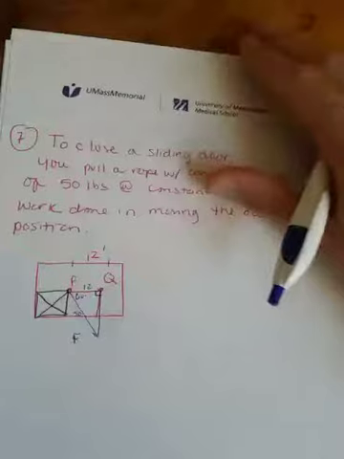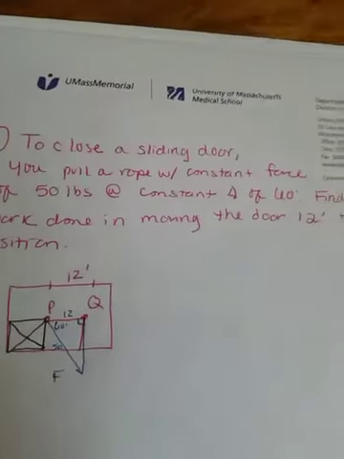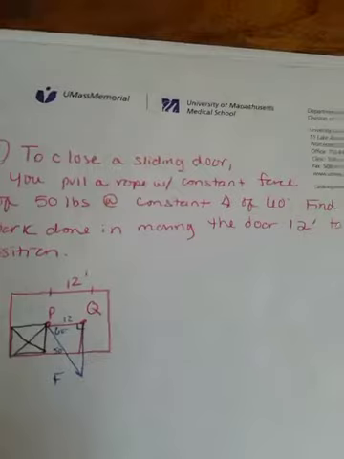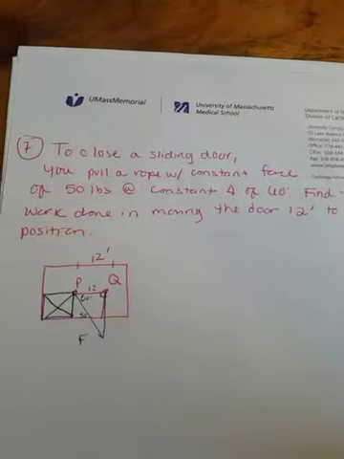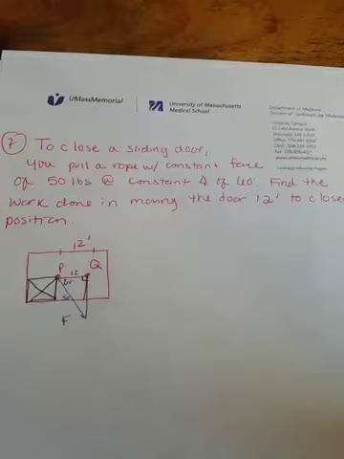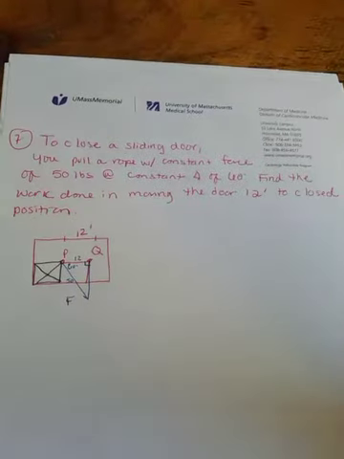All right, last one about a sliding door. To close a sliding door, kind of similar to something maybe on a barn or a garage, you pull a rope with a constant force of 50 pounds at a constant angle of 60 degrees. Find the work done in moving the door 12 feet to the closed position. So here's my beautiful barn door.